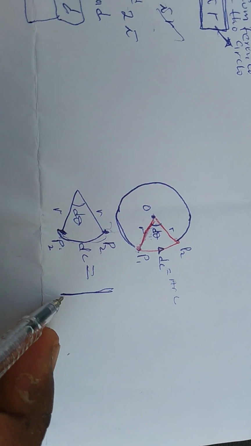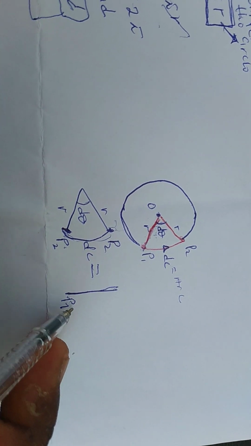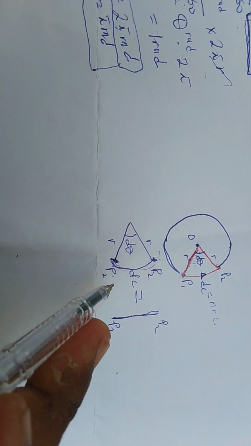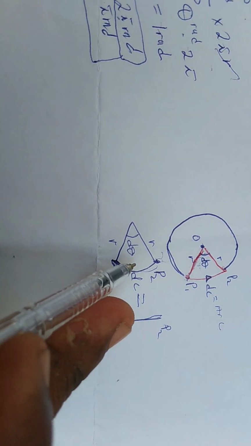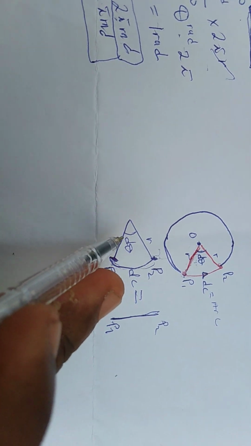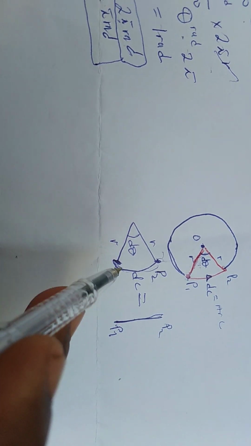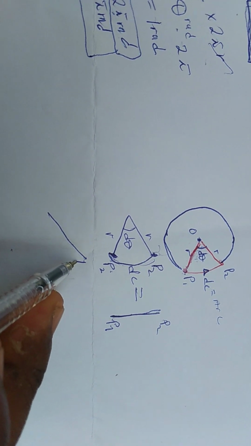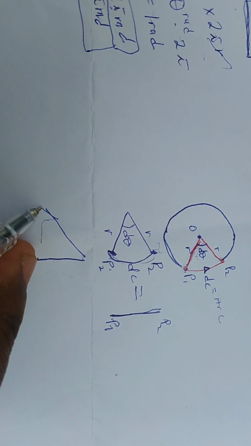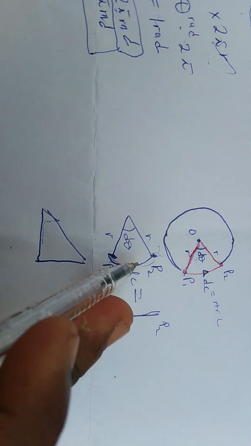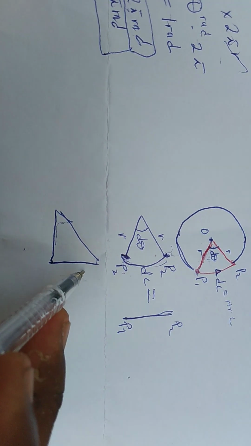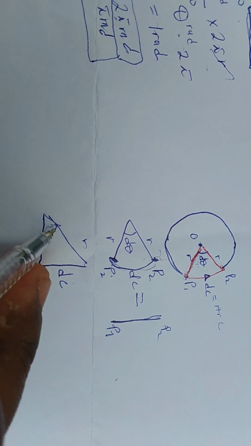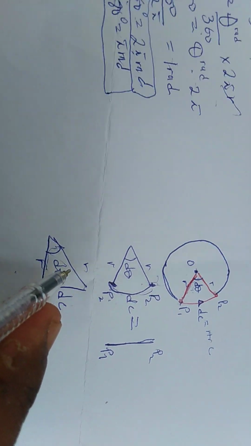We can take it as a straight line between P1 and P2. So in a nutshell, the infinitesimally small sector is approximately the same as a straight line. The radius remains the same, and I have theta at the center.